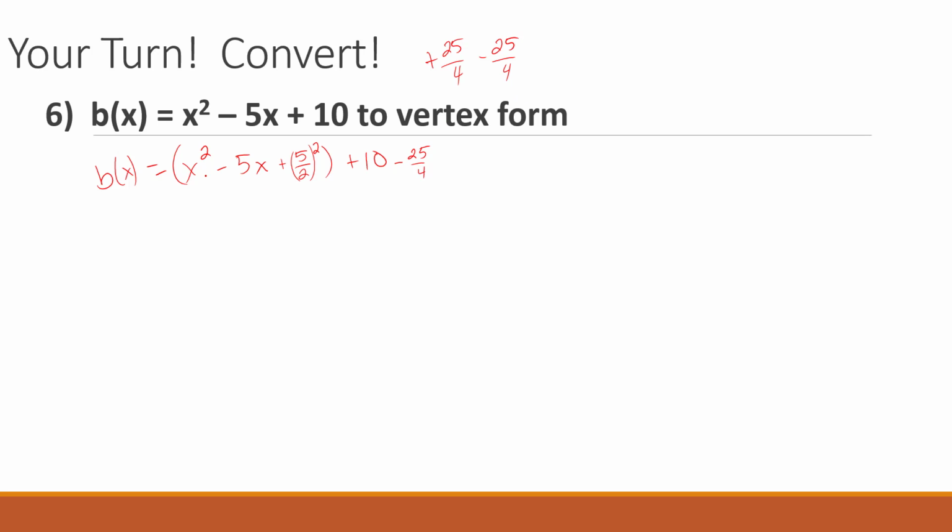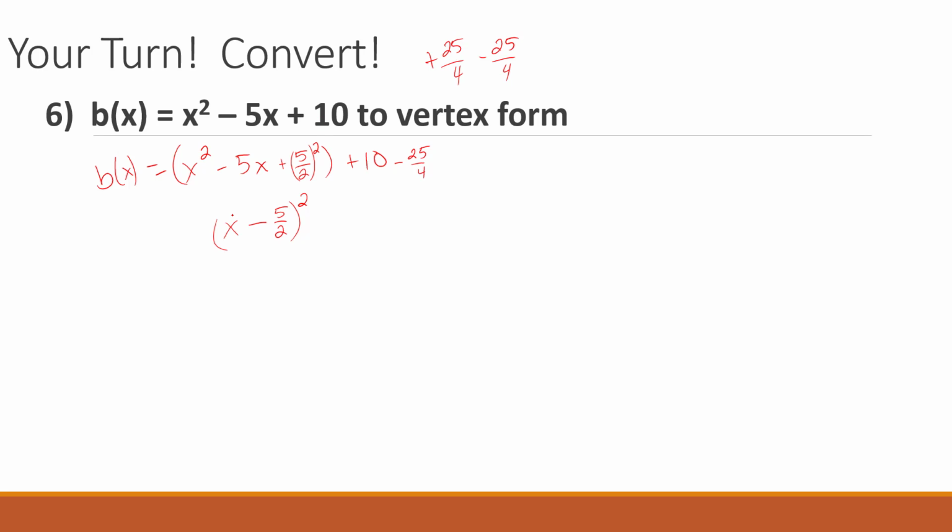So let's put this together. We have x squared minus 5x plus (5/2) squared. The reason why I did the 5/2 is because I know I'm going to break this down. And when we break it down, we're looking for what value was here before it was squared. So x minus 5/2 squared.